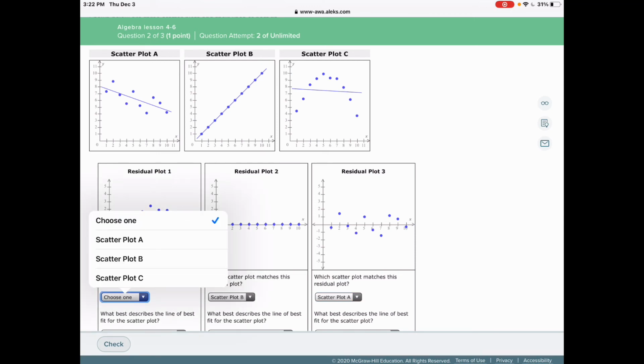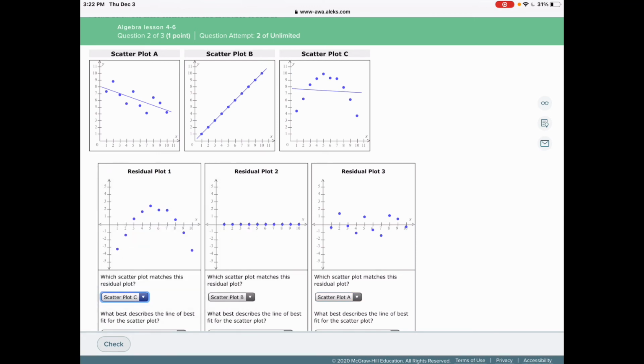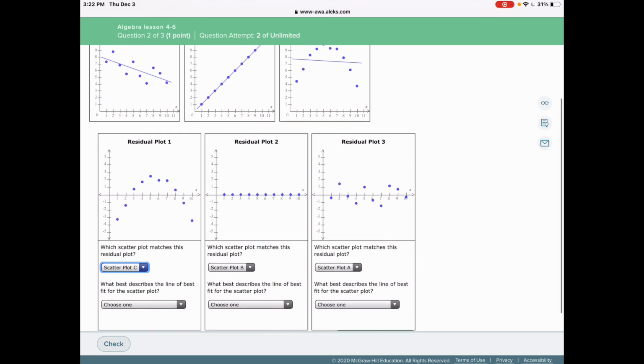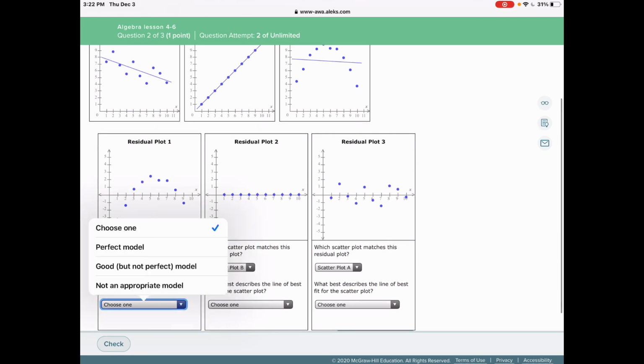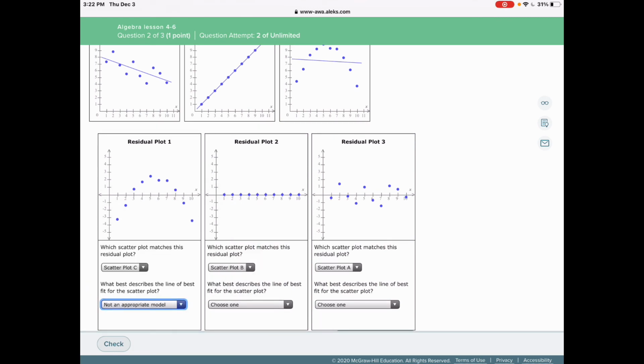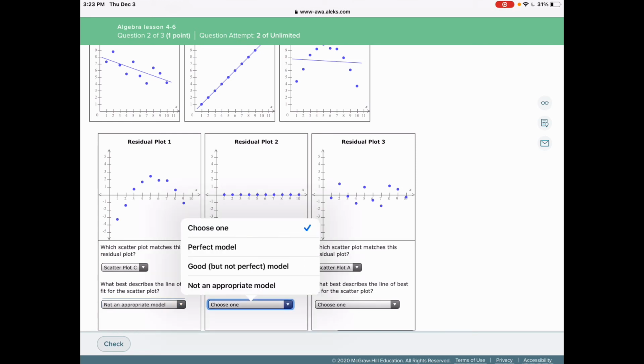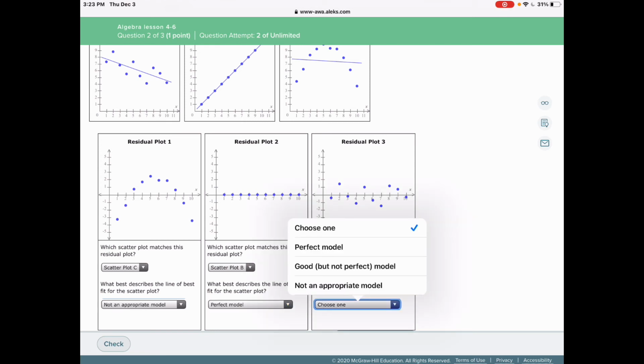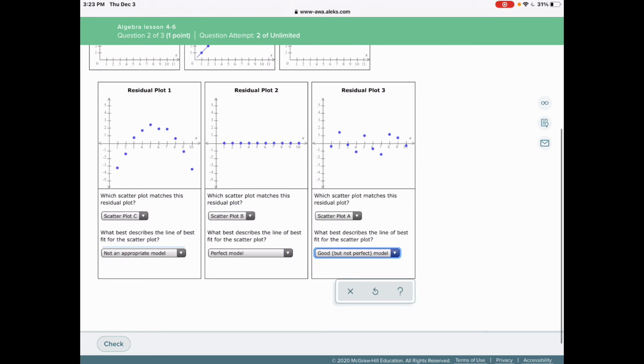That is not really a line at all, is it? If you know anything about parabolas, that's close to a parabola. It is not linear. So that's just not even a good model. So let's go down to the next question and say that that's not an appropriate model. For the second question, that's a perfect model. And for the third one, that is good, but not perfect.